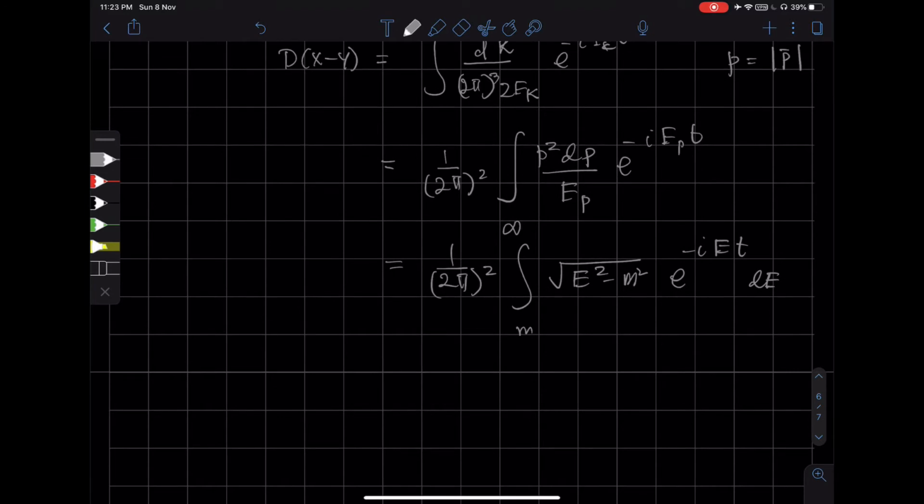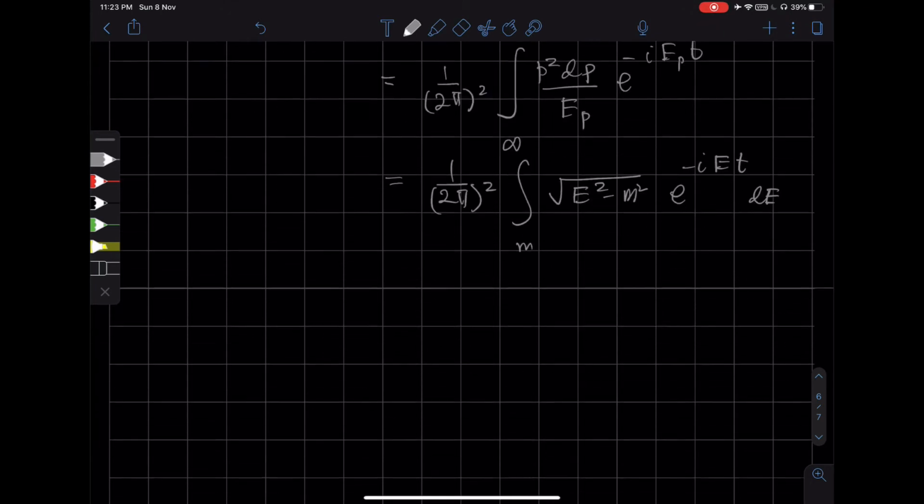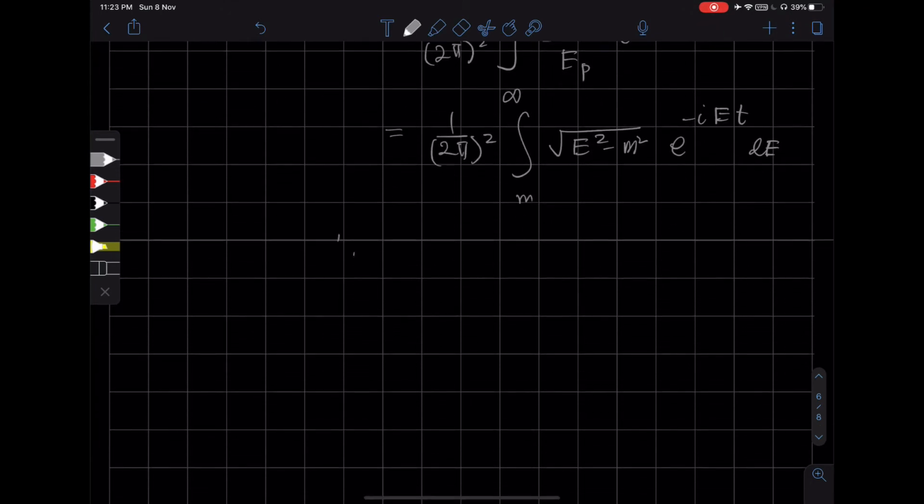Now again, we don't have to do this integral explicitly. What we can observe is that we are interested in the first case, time-like separation. So we want to take the limit where t goes to plus infinity.